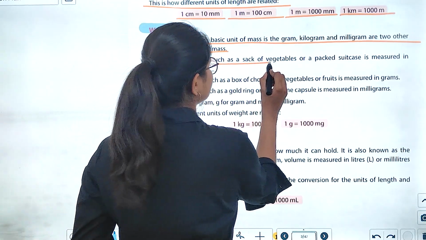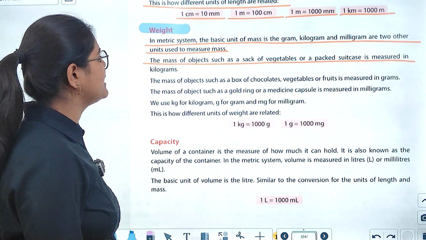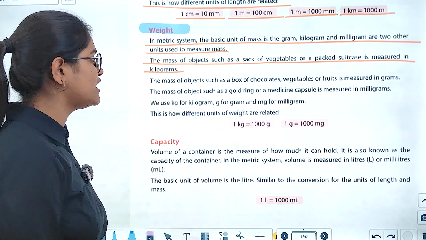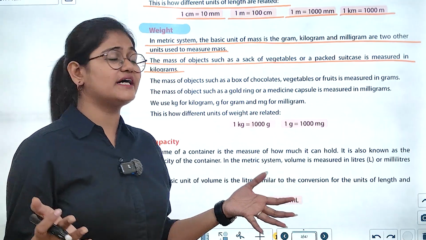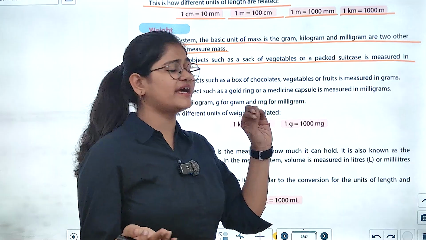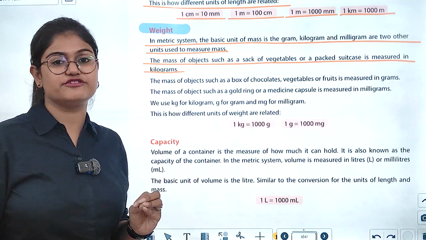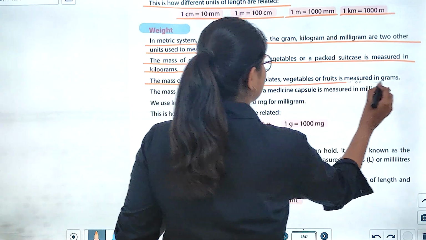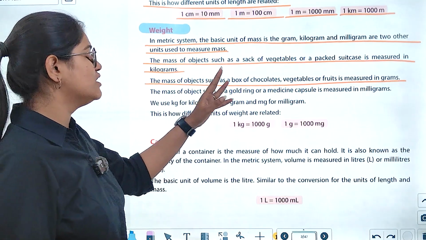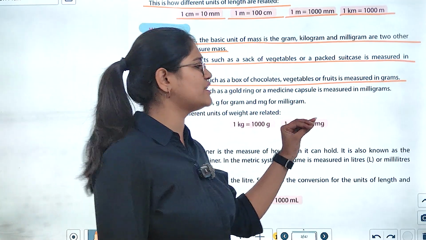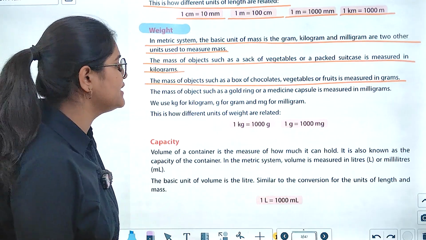The mass of objects such as a sack of vegetables or a packed suitcase is measured in kilograms. Heavy objects like a sack of vegetables or a packed suitcase are measured in kilograms.